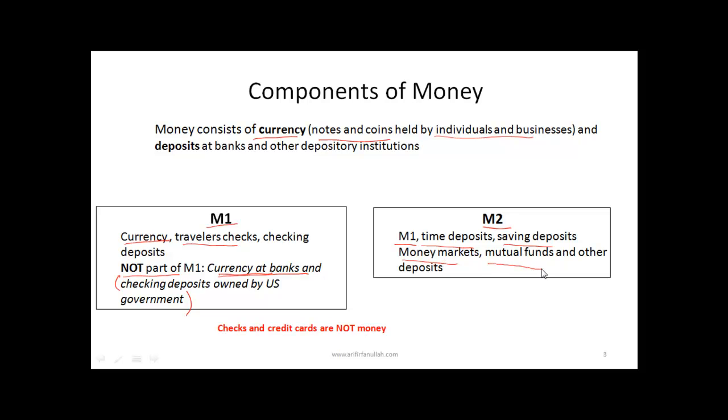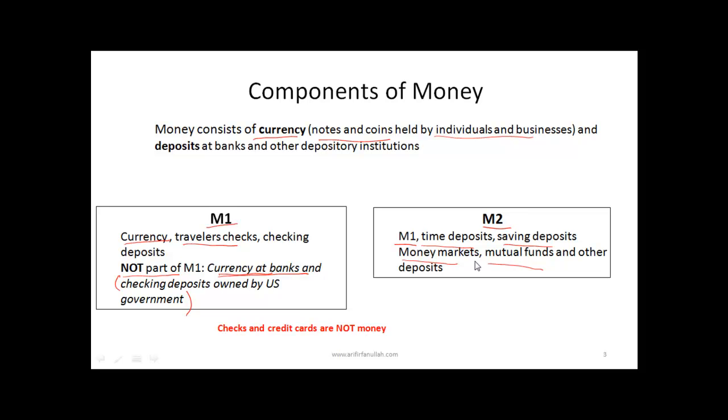And mutual funds also are considered M2. What's a mutual fund? You'll see this in a lot more detail later, but lots of people pool their money together and give it to a mutual fund such as Atlas funds or MCB funds or Mizan funds and so on. All that is happening is your money is being used to buy stocks, bonds, and so on. If you want your money back, can you get it back easily? Yes. If you put your money in, say, MCB funds and you decide to get it back, you just call your advisor or your banker at MCB and within 2 days you can get your money back.